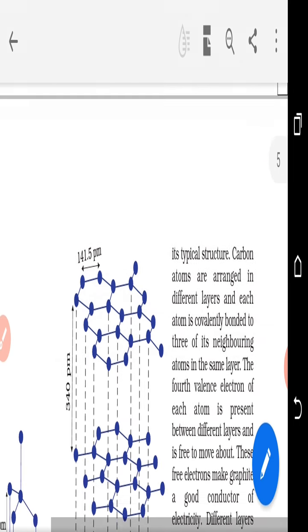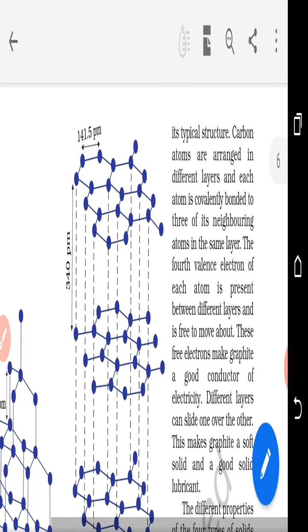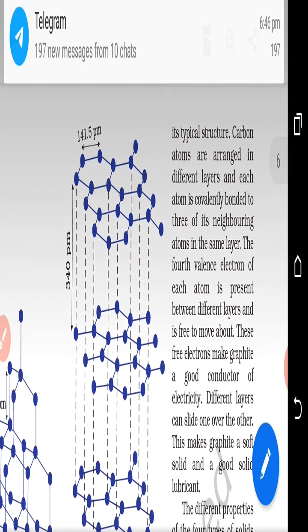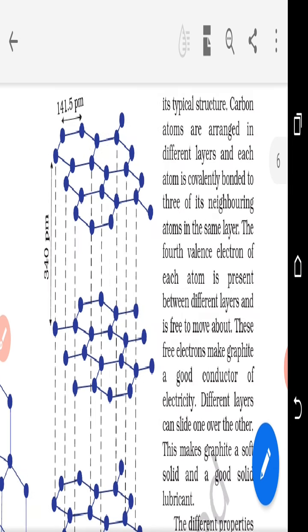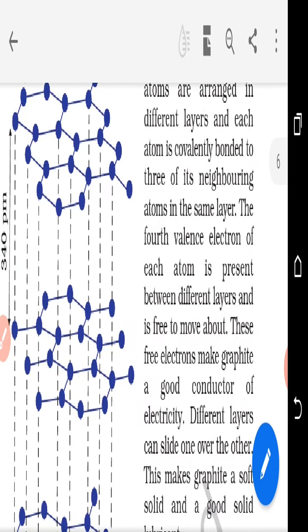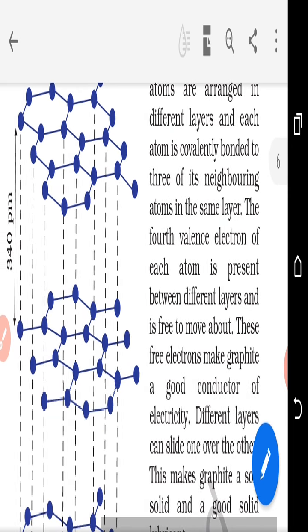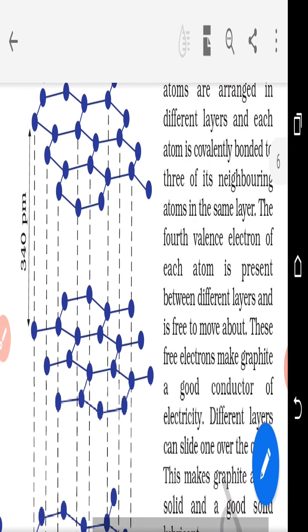Its exceptional properties are due to its structure. Carbon atoms are arranged in different layers, and each atom is covalently bonded to 3 of its neighboring atoms in the same layer. The 4th valence electron remains free, and is responsible for the conducting nature of this substance.